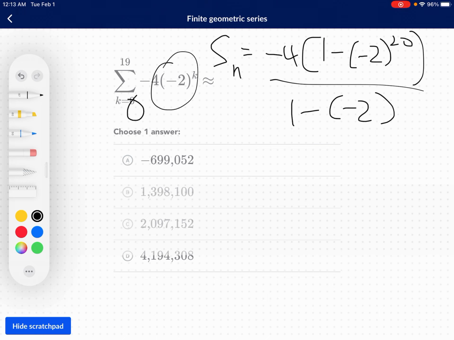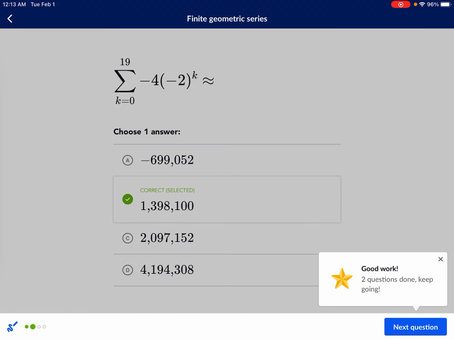Enter this in the calculator. Negative 4, open parentheses 1 minus negative 2, close parentheses to the 20th power, close bracket, all over 3. That's 1,398,100, which is B.